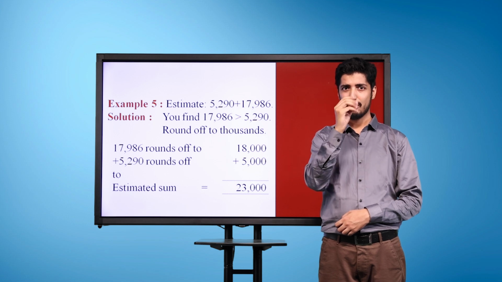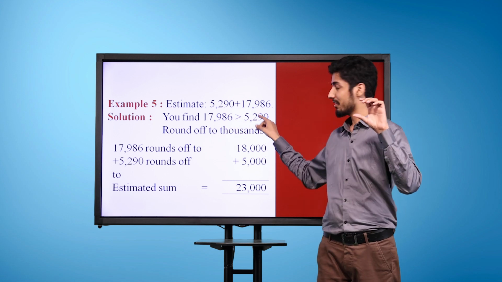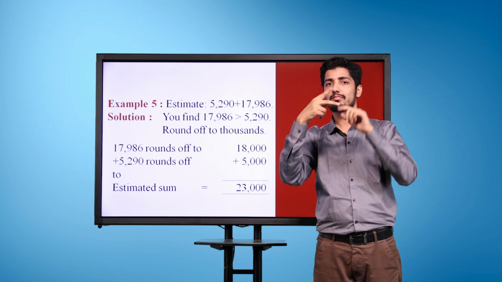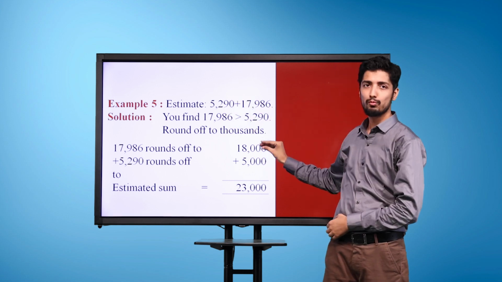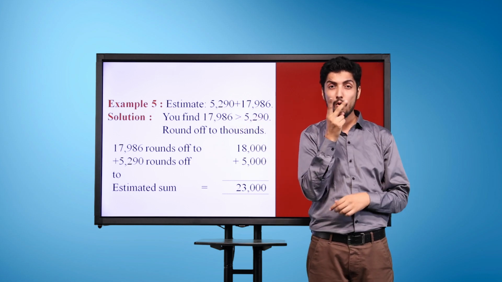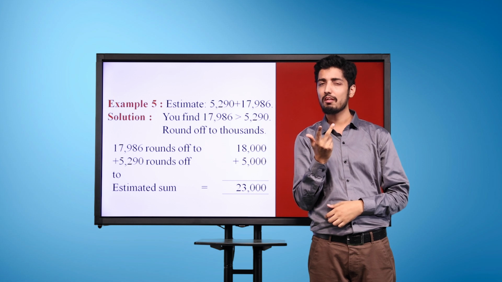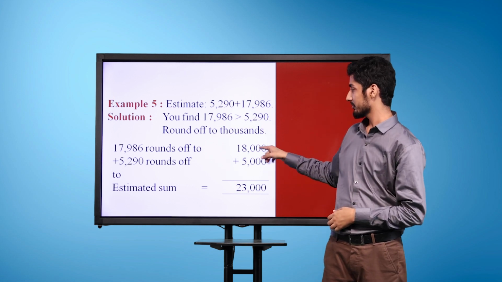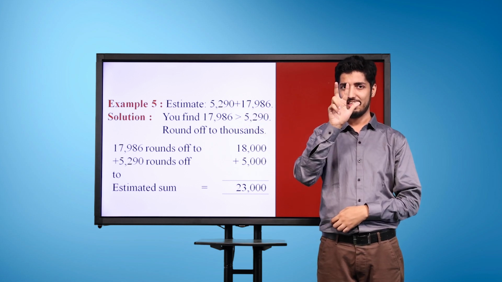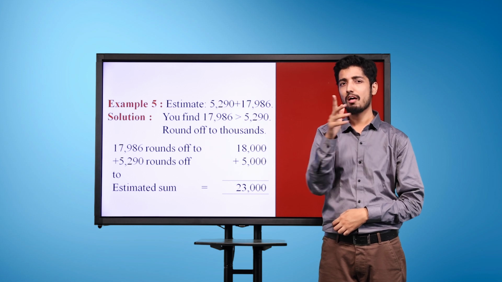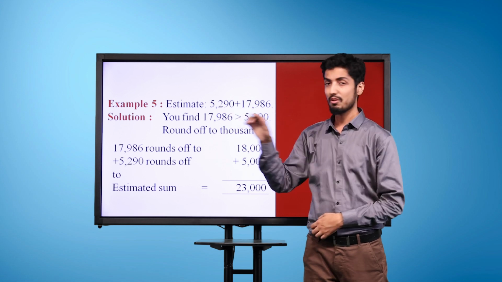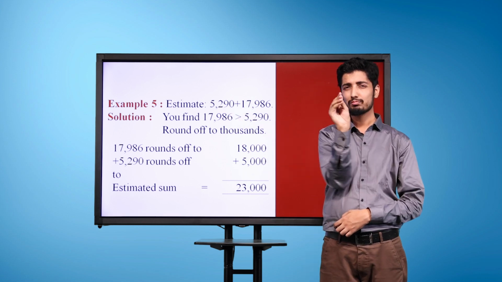Round off to thousands. 17,986 rounds off to 18,000. 5,290 rounds off to 5,000.